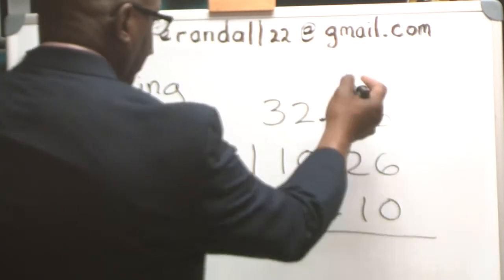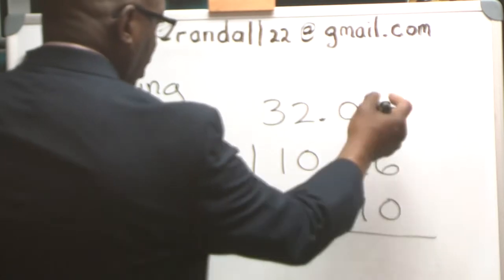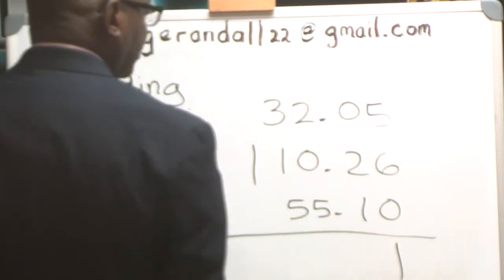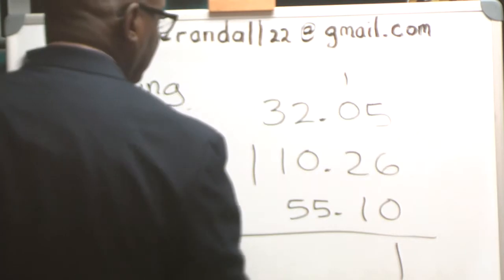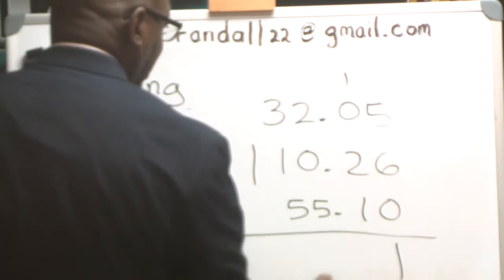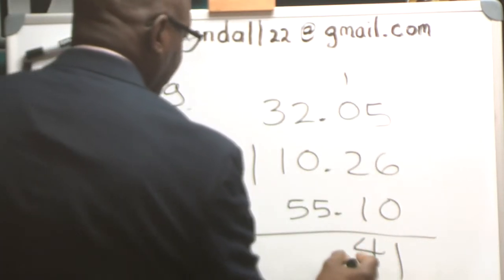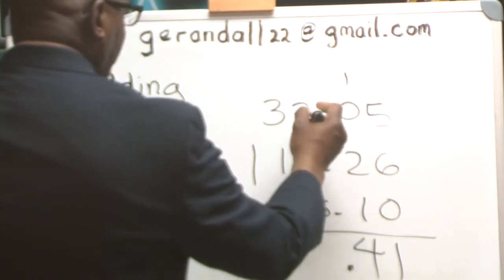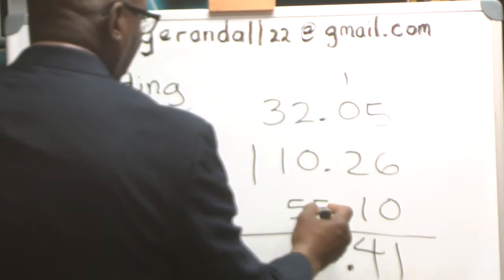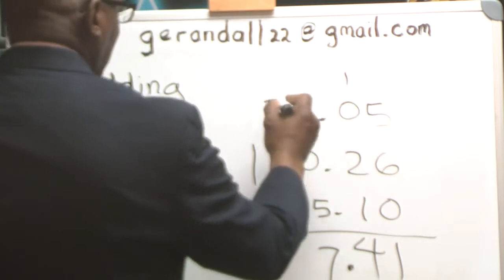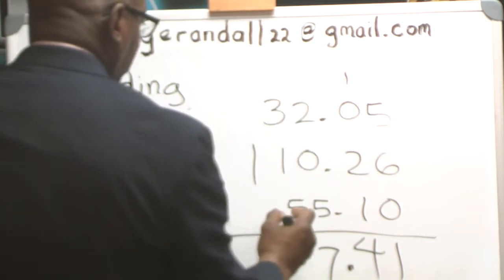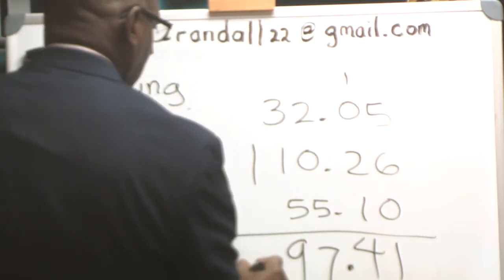Hundreds place, tenths place. 5 and 6 is 11. Carry the 1. 1 plus 2 is 3, plus 1 is 4. 2 plus 5 is 7. 3 plus 1 is 4, plus 5 is 9.